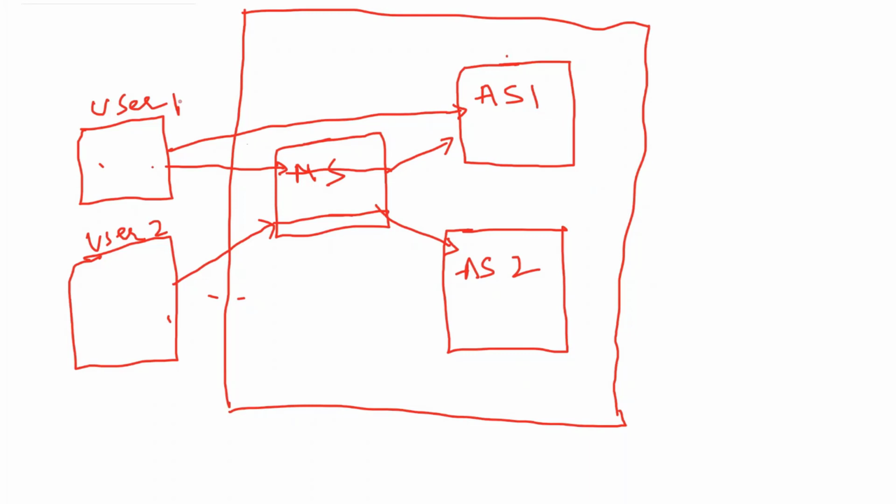While user 1 is editing this document, if user 2 tries to edit the same document, then there should be a way for application server 2 to know that this document is already open somewhere else in another application server, right? Because if there is no way, then these two users can open the same document for editing in two different application servers, because they are connected to two different application servers.